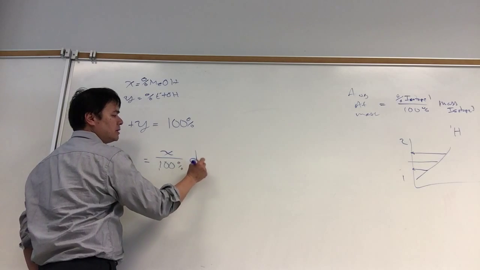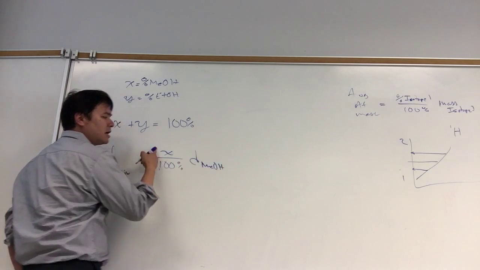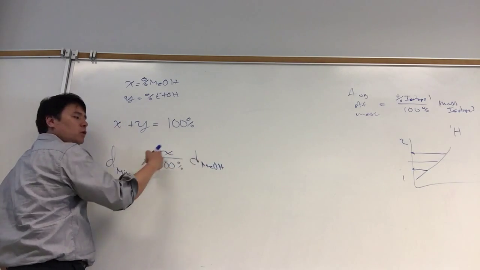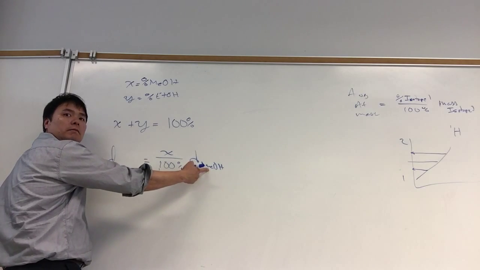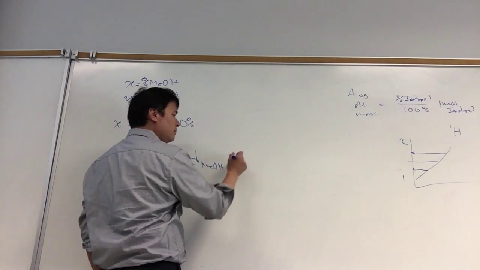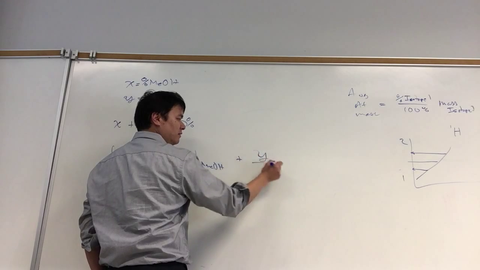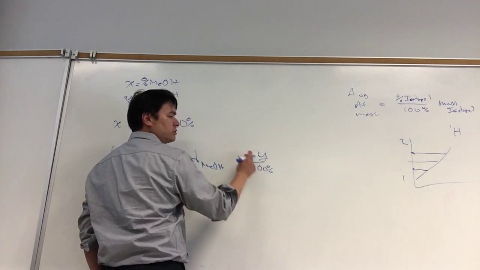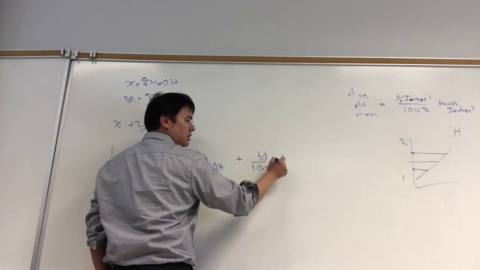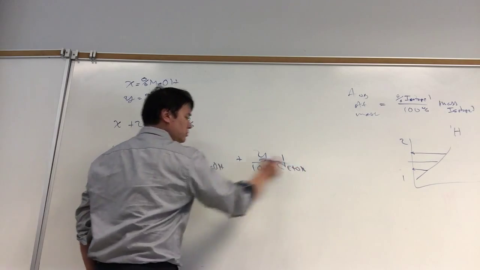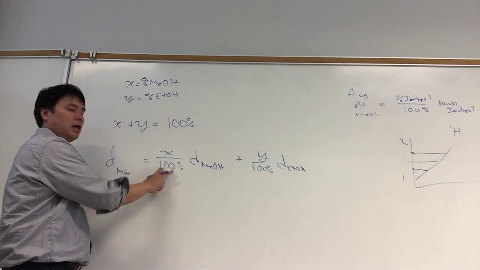This is percent methanol over 100. And so this would be times the density of methanol. If it's 100%, it's all methanol, and we get 100 over 100. And if it's 100% methanol, how much ethanol do we have? 0. So if we have 0 over 100, it's 0 times the density of ethanol. There's no ethanol in here, it's all methanol, right?